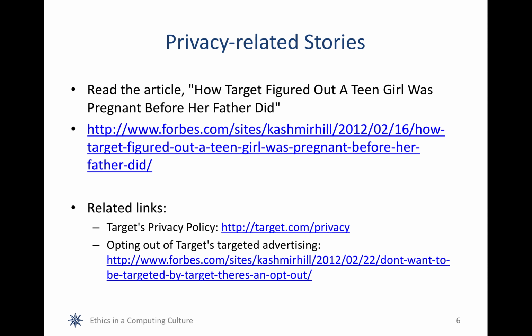Well, what happened was it went to this teen girl's home. Target sent her some coupons for some of these targeted items, and her father saw that and was just furious. Of course, her father didn't know at this point that she was pregnant, but he goes to Target and is just furious.